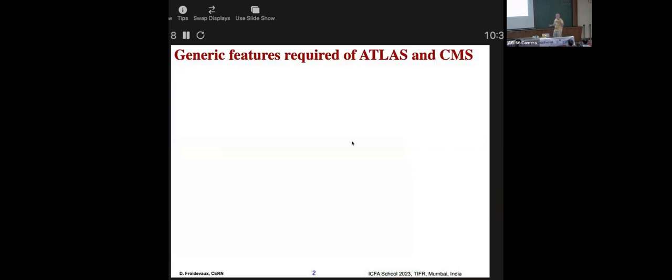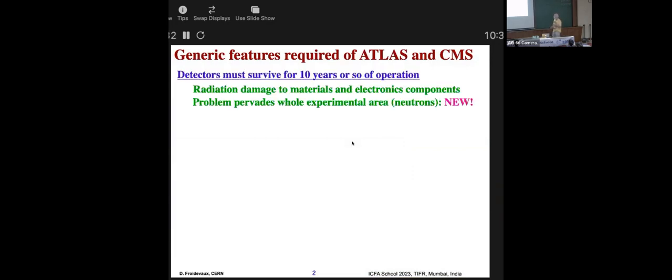So if we go back to when we started to design these detectors, almost 40 years ago, to do research and development for about 20 years almost, the generic features which were required for these detectors, if you look at it today, look natural.